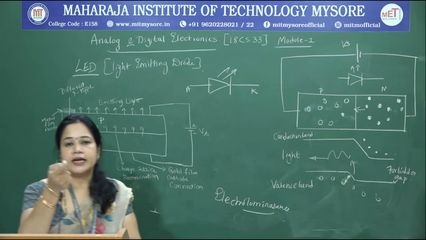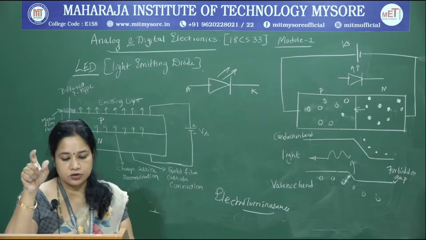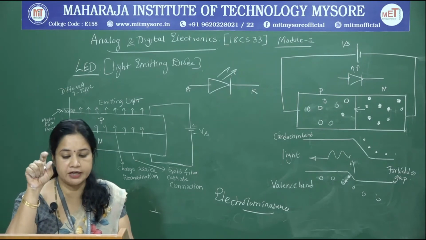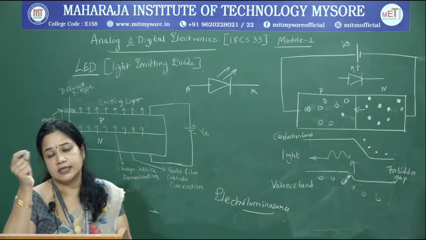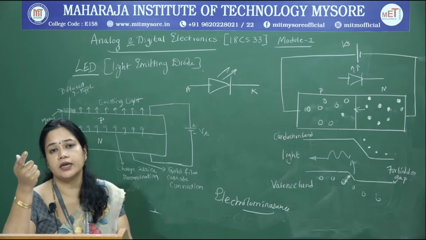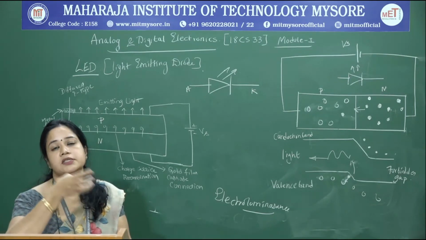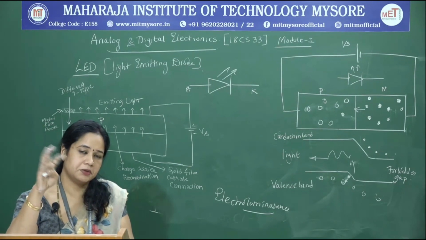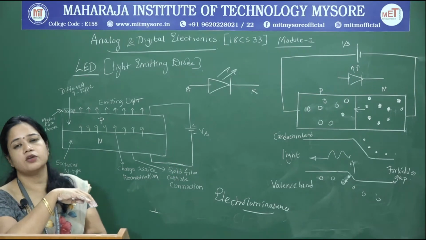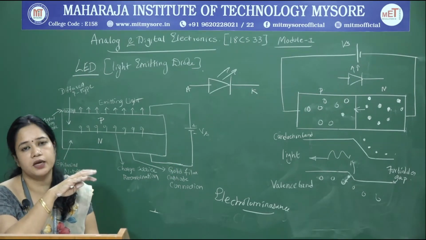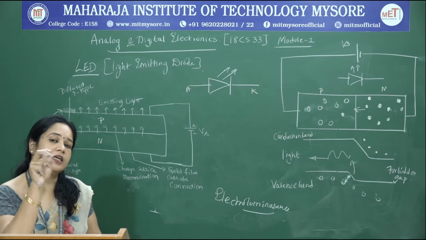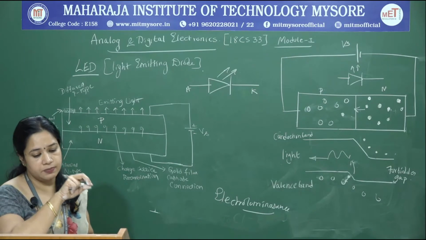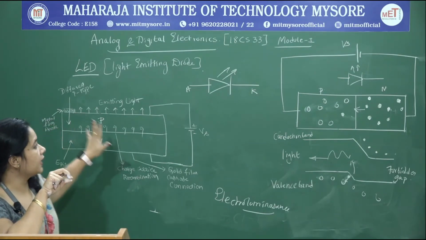You basically use light emitting diodes in remote control systems, in calculators to display the status of data, and in digital computers to indicate the status of a signal, whether it is low or high, and in various digital displays and traffic signals. In all these scenarios you are making use of one or another type of light emitting diode, wherein you are using it as a display. So with this we complete light emitting diodes.